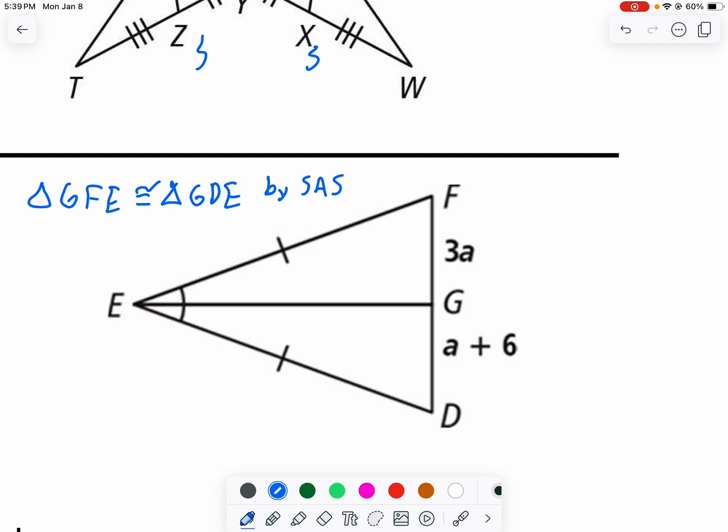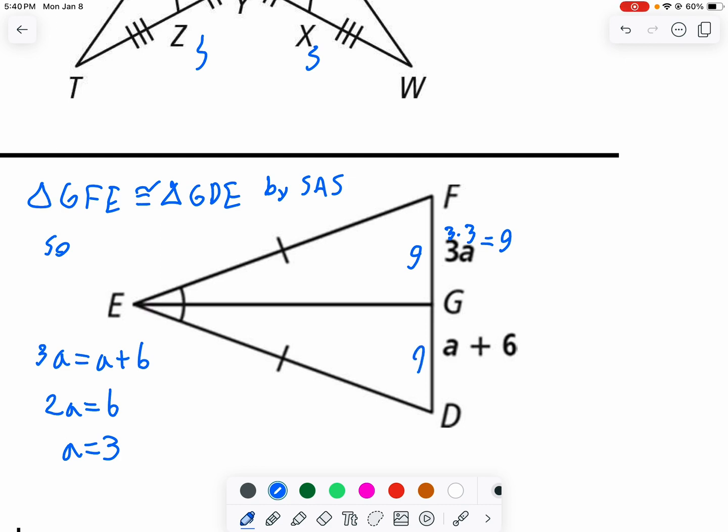Since the triangles are congruent, that means 3A is equal to A plus 6. Solve for A here and subtract it from both sides. 2A equals 6, A equals 3, which tells us the length of FG and GD. If we plug in 3 for A here, that's 3 times 3, which is 9. So the length of this is 9.